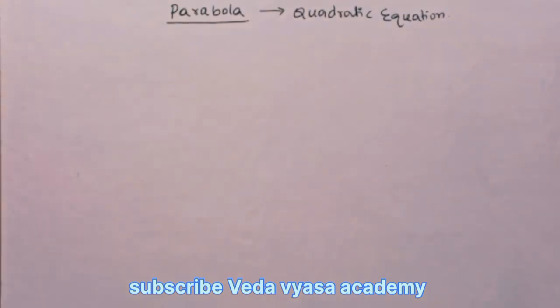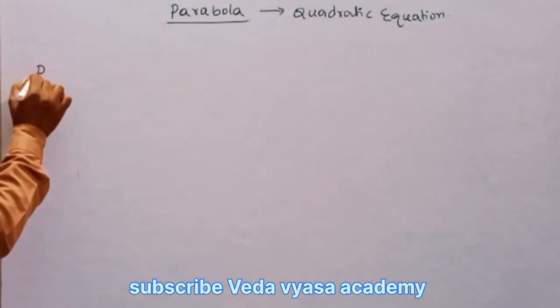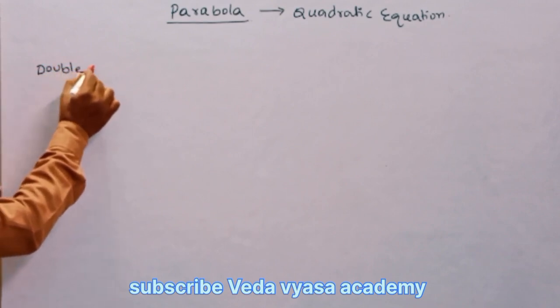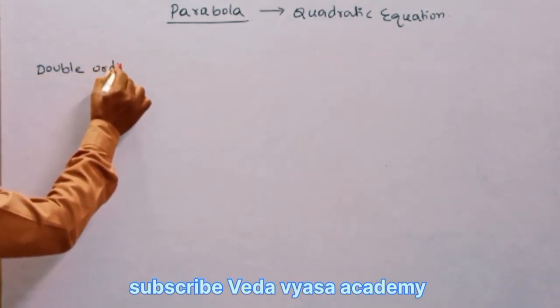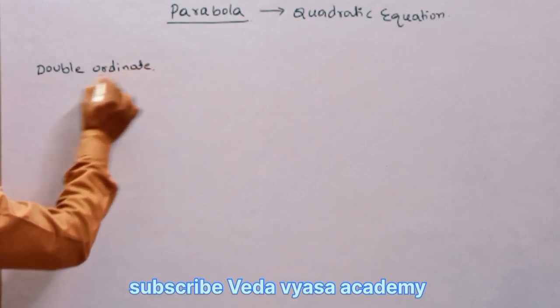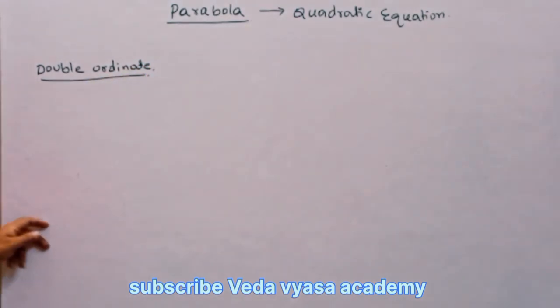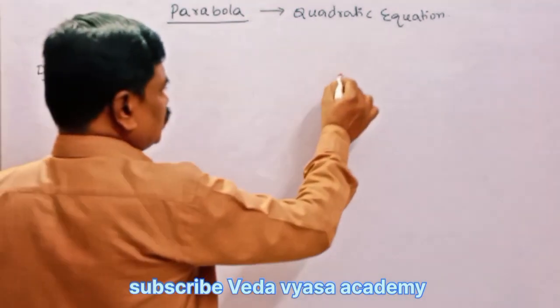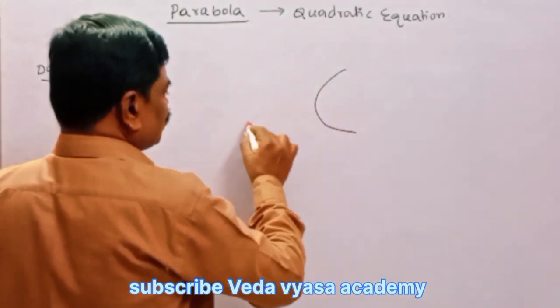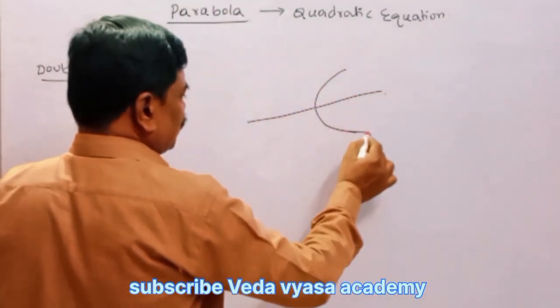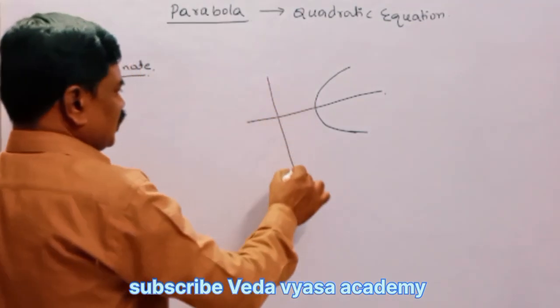Next, double ordinate. This is the parabola, this is the axis of the parabola, this is the directrix.